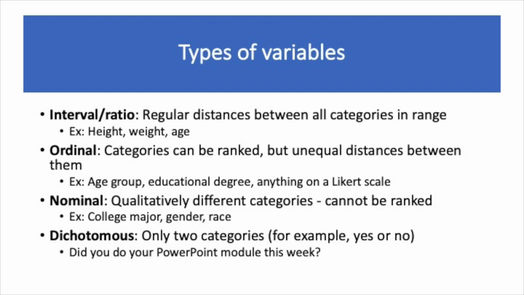Because there is a hierarchy here where the higher degrees, that's more education, okay? But at the same time, these are still categories. It's not a continuous variable. And the difference between, say, not having a high school degree and having a high school degree is not the same as the difference between having a high school degree and having some college, okay? We'll talk about more examples of this in class, but you commonly do see ordinal variables.